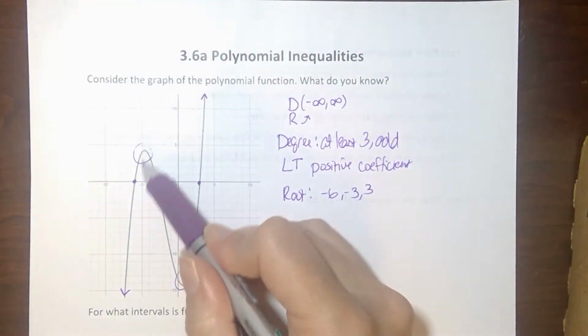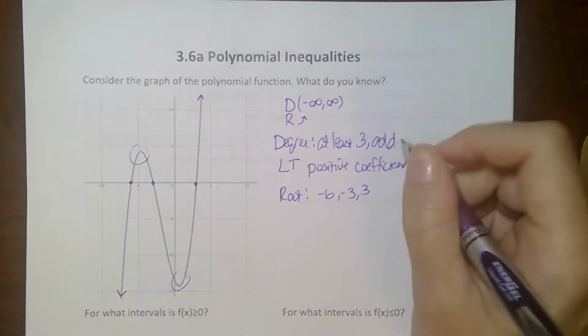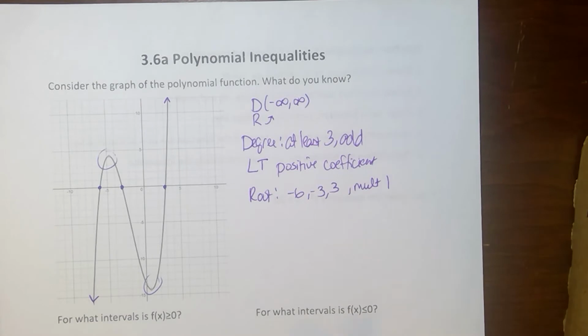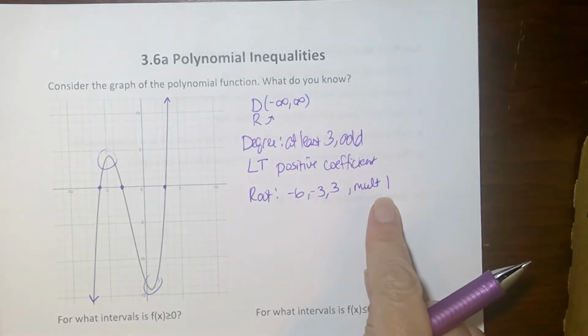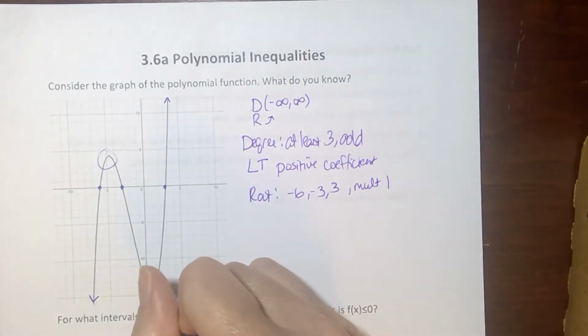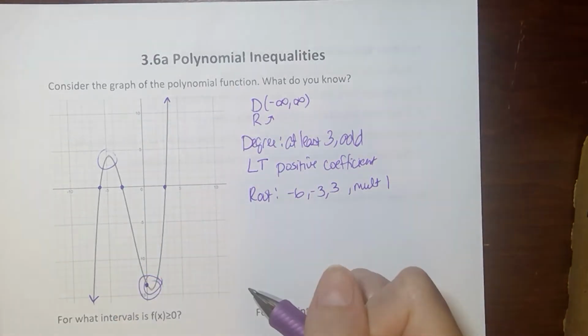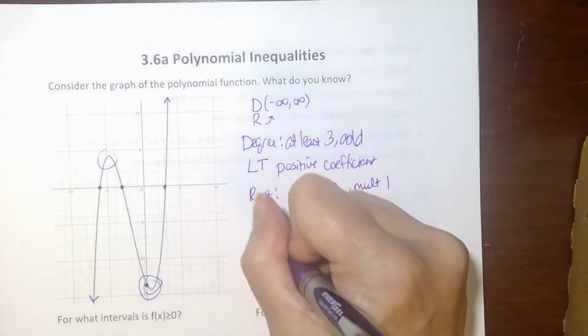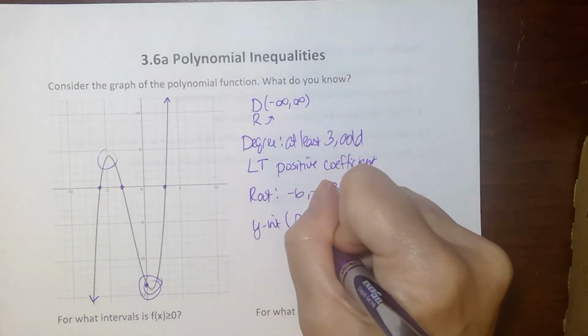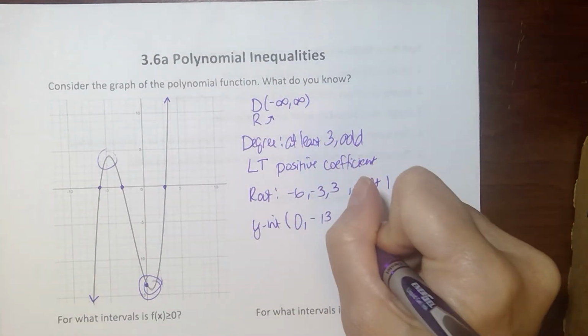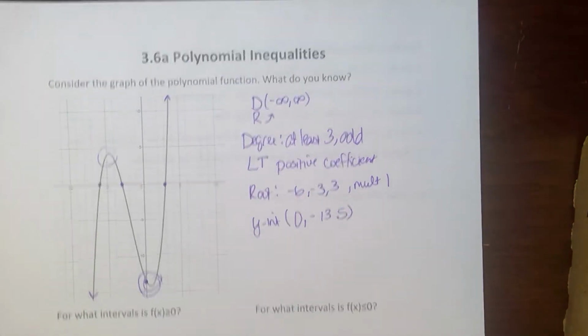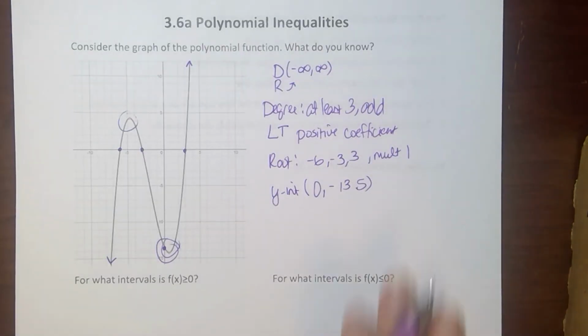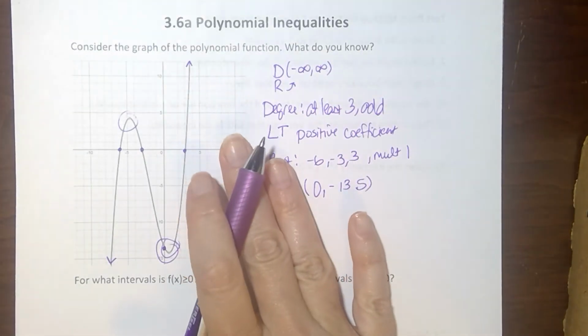And since they just cross at each of those roots, they don't slow down, it looks like they each probably have multiplicity 1. So again, probably third degree. I know that my y-intercept is right here. It looks like my y-intercept is at 0, maybe -13.5-ish. It's close to that. So these are all things that I know just by looking at this graph.